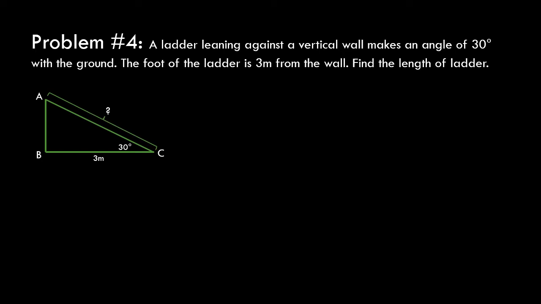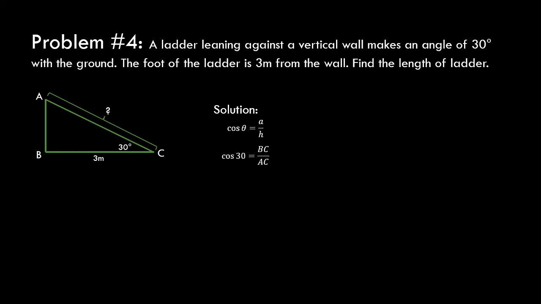So in this figure, our angle is 30 degrees, and our given 3 meters is the adjacent side of our angle. And what we're looking for, which is the length of the ladder, is the hypotenuse. So in this solution, the function that we are going to use is cosine theta, because it includes both the adjacent, which is our given, and the hypotenuse, which is what we are looking for.